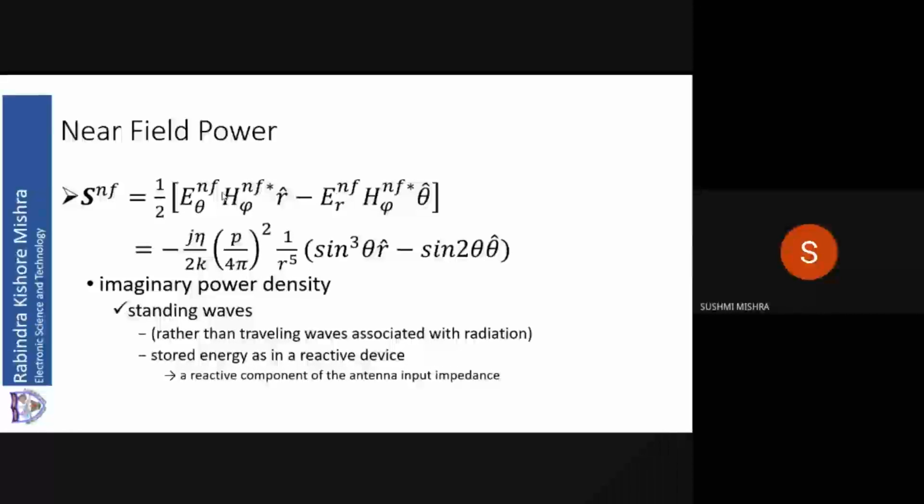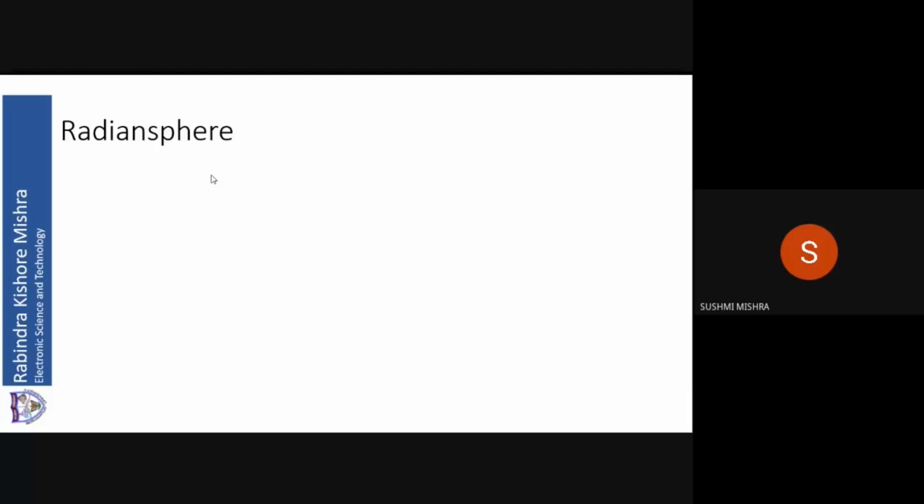Now let us consider what happens to the power in the near field. We saw that we have imaginary power, and in addition to this, we also have the radiated power. Although it is not dominant, it is still there.